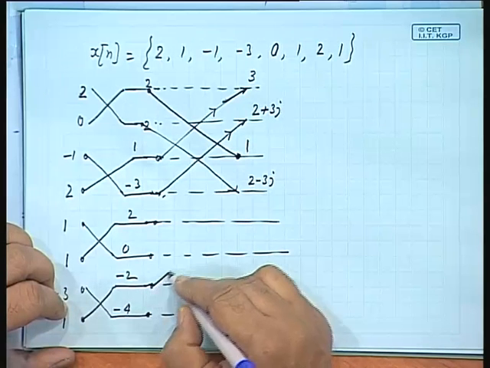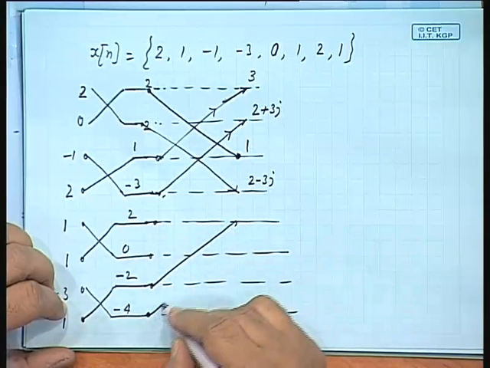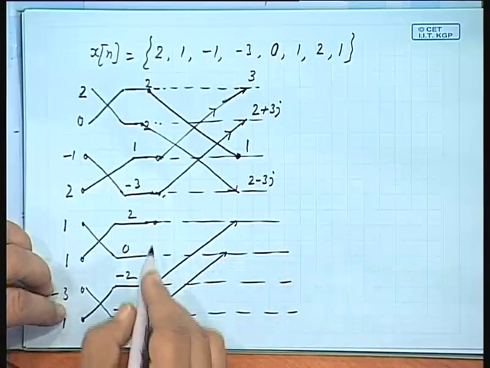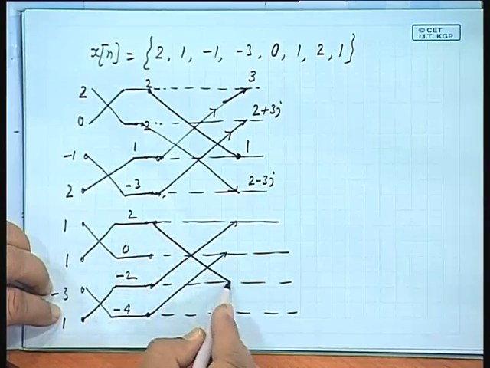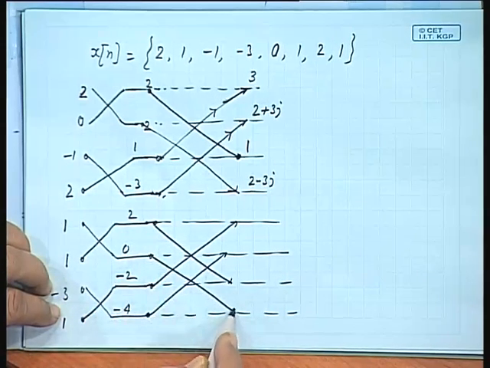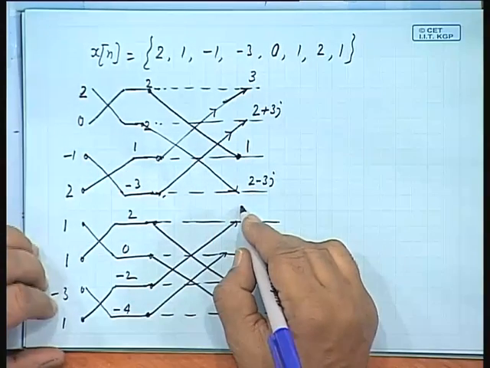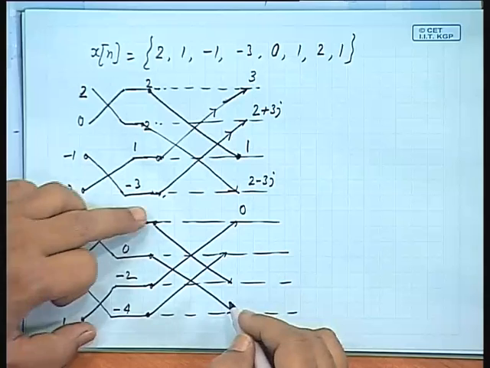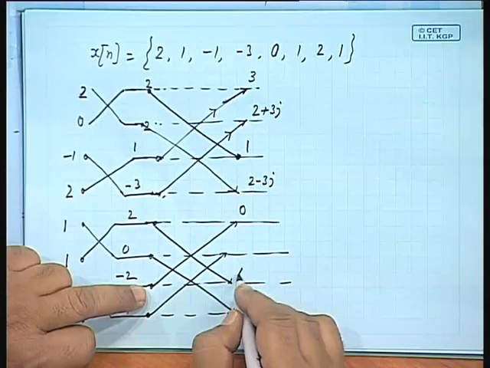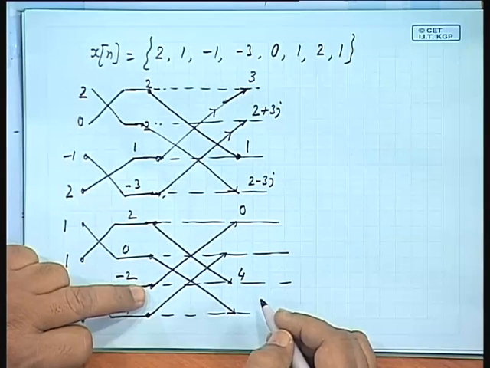So, this one will be clubbed with this, with this, this with this and this. So, this one will be 2 minus 2, 0 and 2 minus minus 2. So, 4, is it all right?